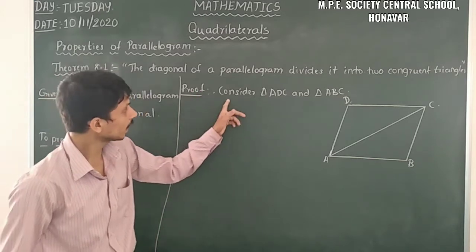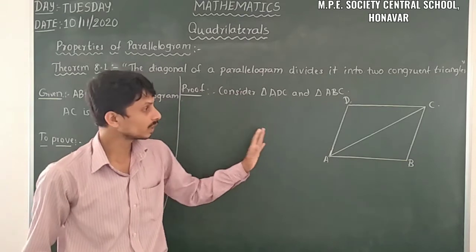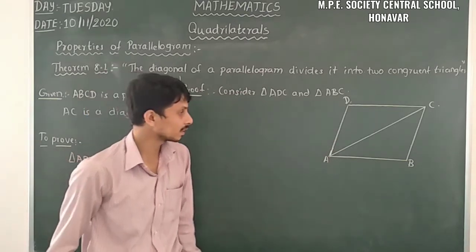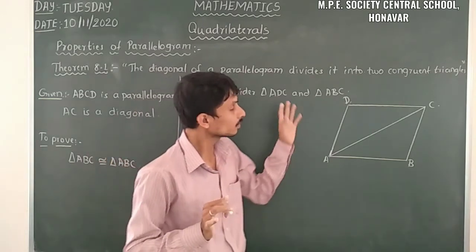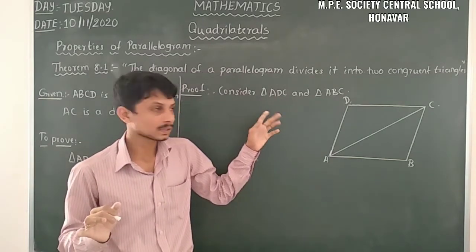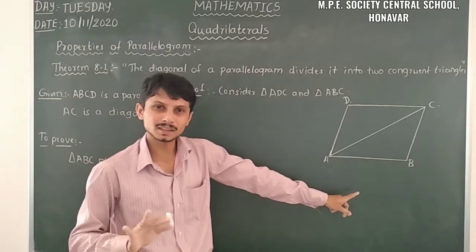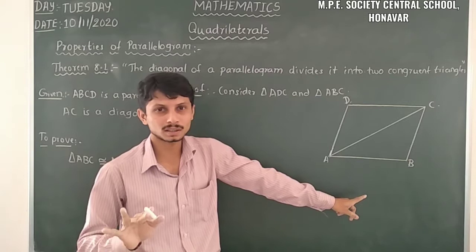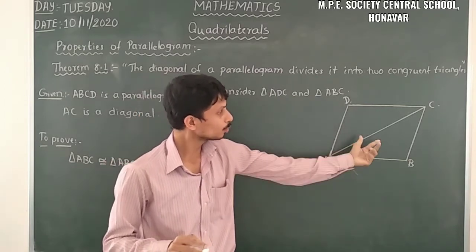Yes, so here we have considered triangle ADC and triangle ABC. We have to observe those two triangles. What equalities can we use? We know that it's a parallelogram, so we have parallel lines, but don't consider those two sides equal here. We have to use this diagonal.